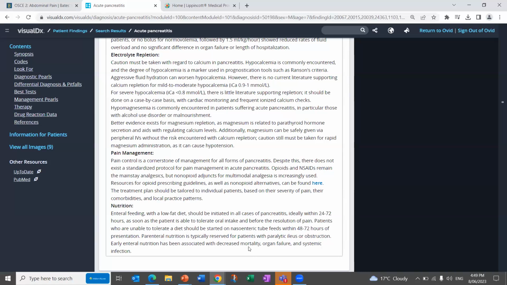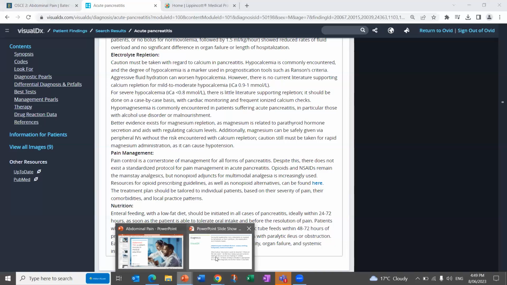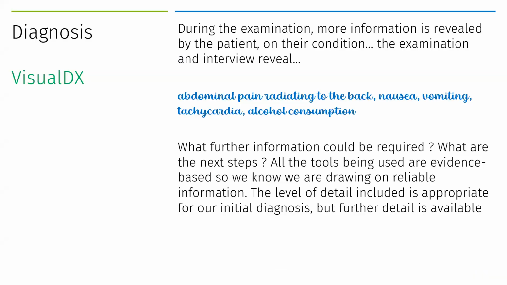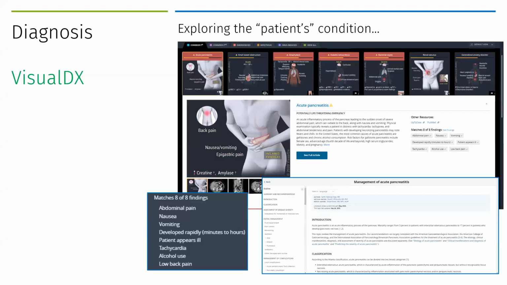So looking perhaps at the next step, if we have gone through this process, perhaps we are then thinking about how we can deal with this particular patient, this virtual patient that we have presented to us, and we can think about the management of this particular issue.